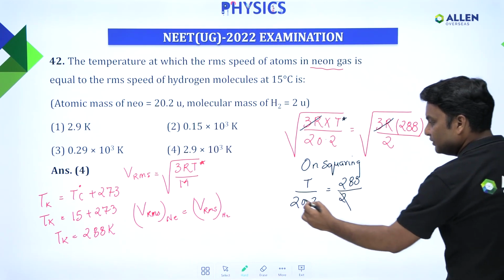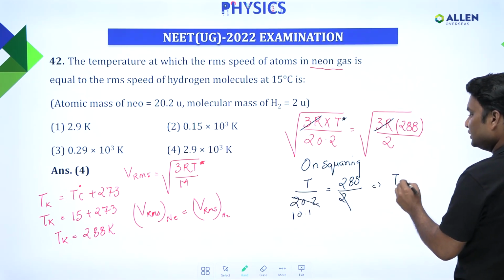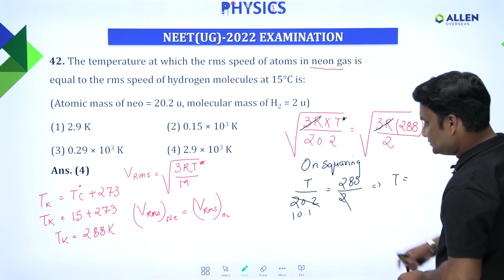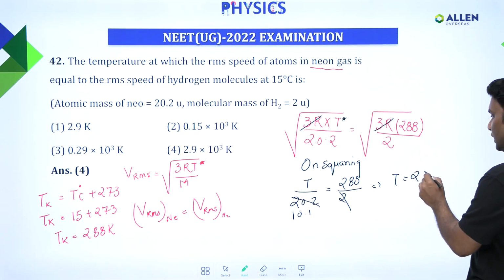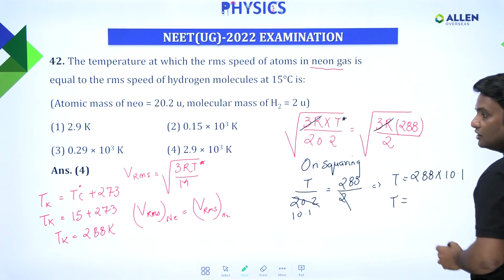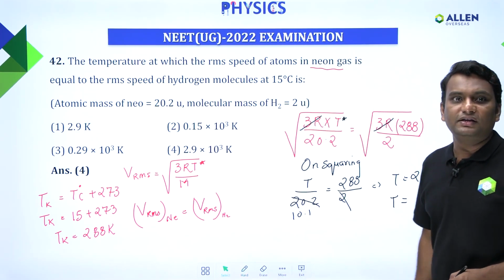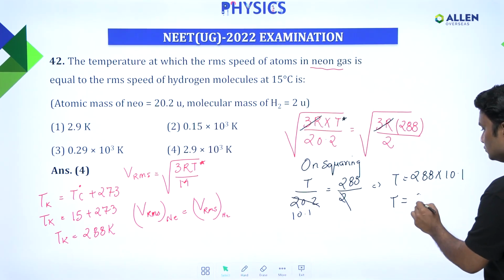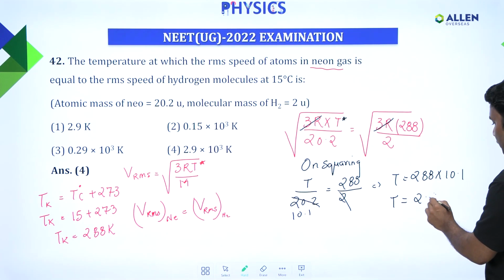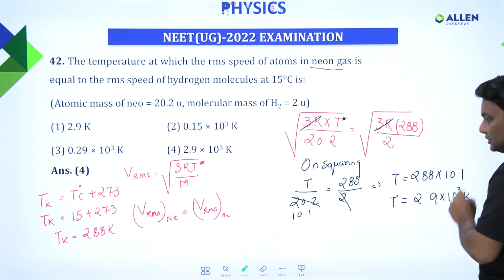Simplifying this, we finally get the value of temperature as 288 into 10.1. Once we solve this, we get the temperature as the fourth option, that is 2.9 into 10 power 3 Kelvin.